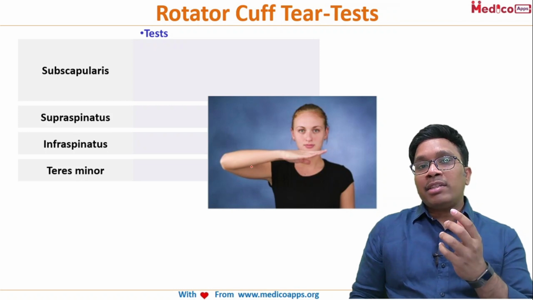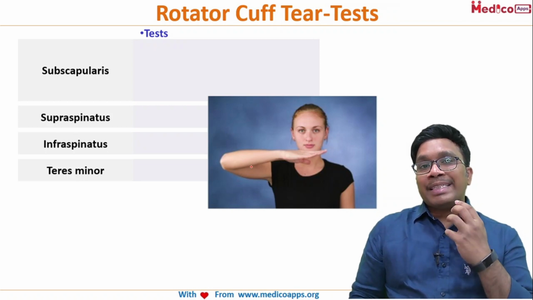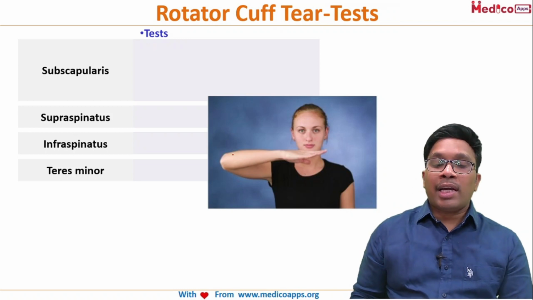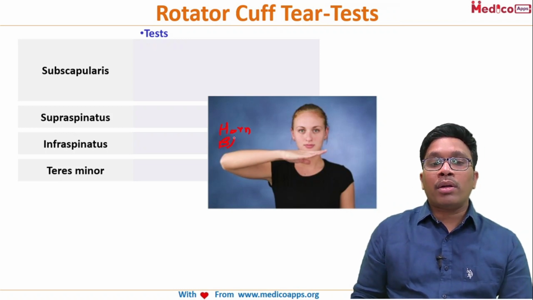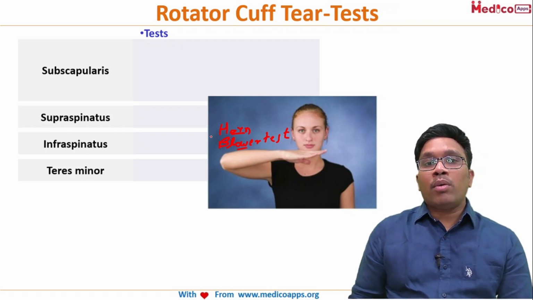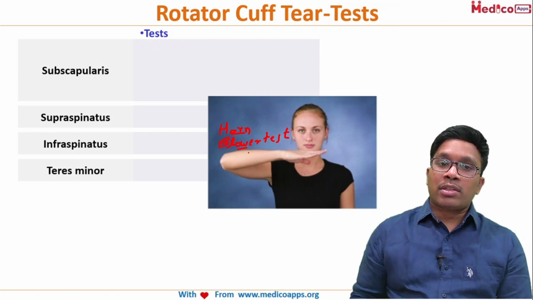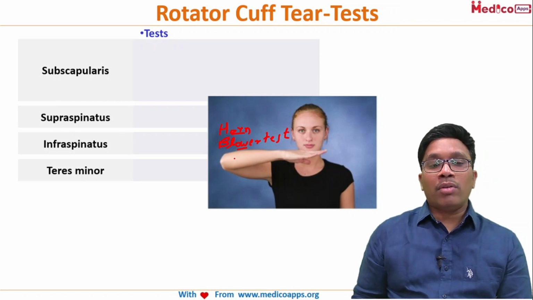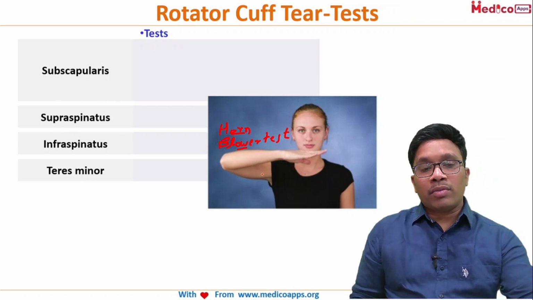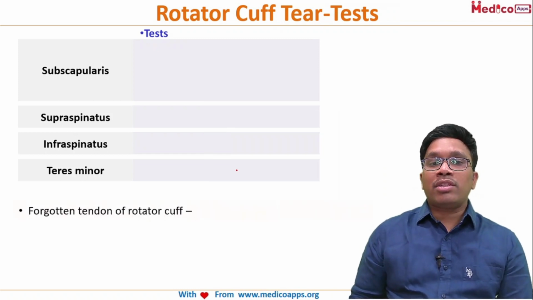Now we need movements which would check this external rotation, and one such is the horn blower test. Bent elbow, abducted shoulder. The horn blower test would need a significant amount of external rotation of the shoulder. So these are the tests for rotator cuff tears.